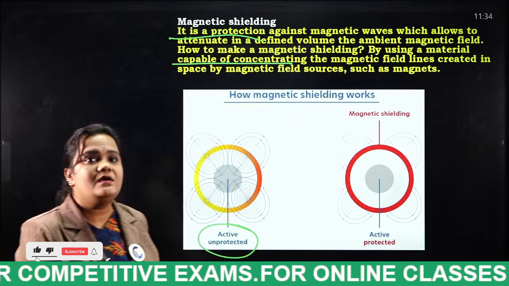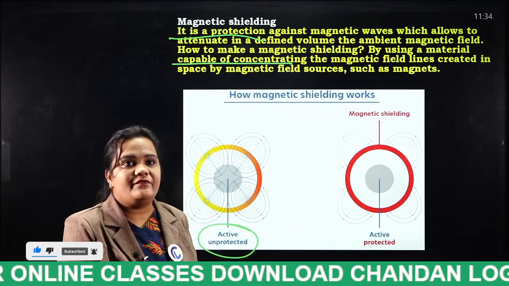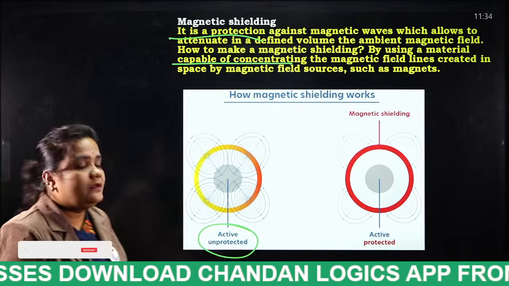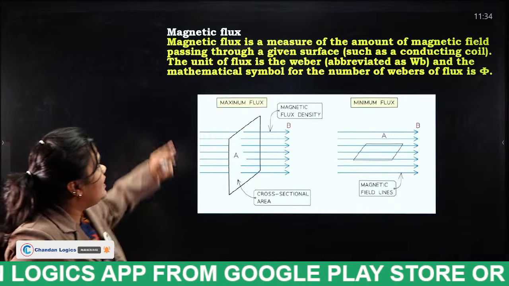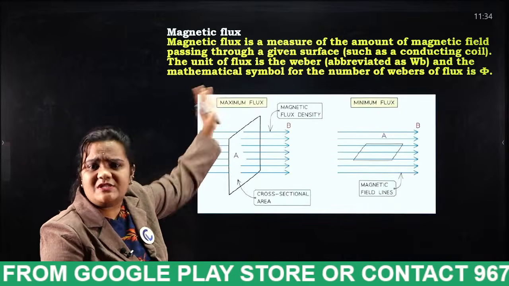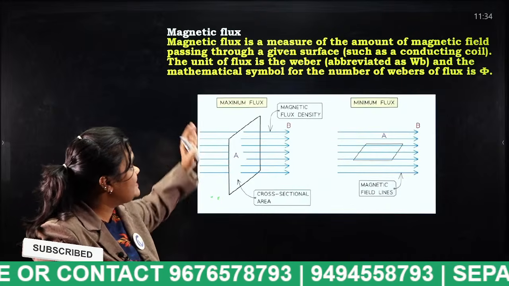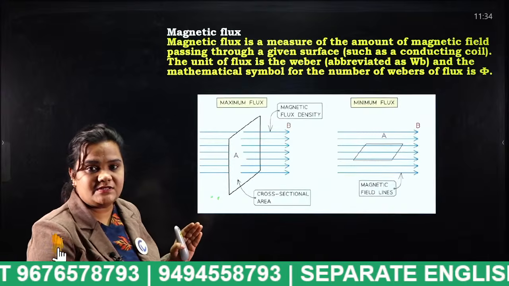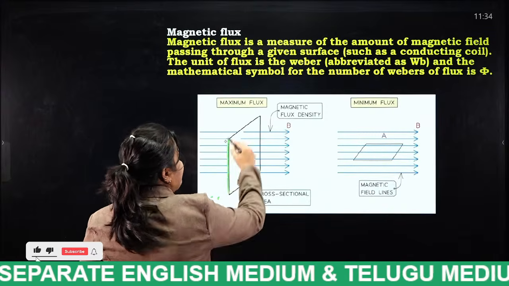Magnetic field: Tesla. Magnetic dipole moment or magnetic moment: ampere square meter. Very good, Ajay. What is magnetic flux? Leave the definition, students, and look at this diagram. This has the maximum flux. This is the cross sectional area.